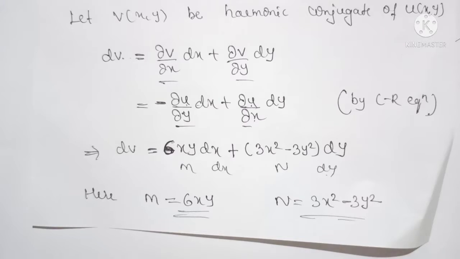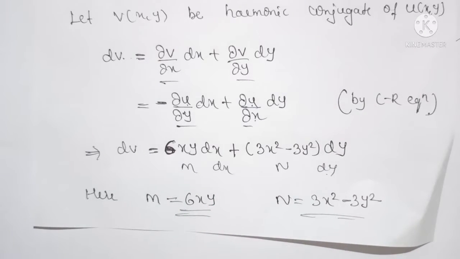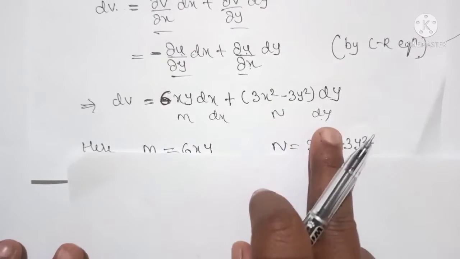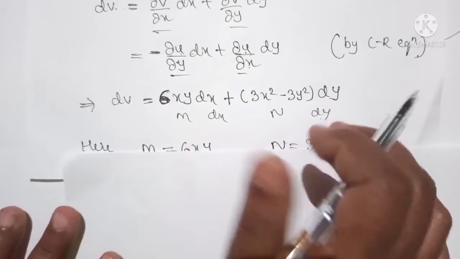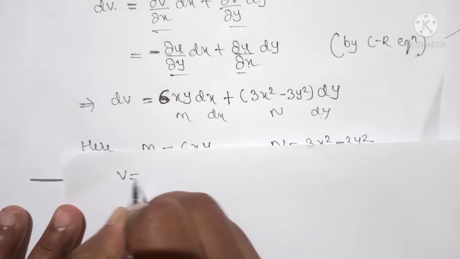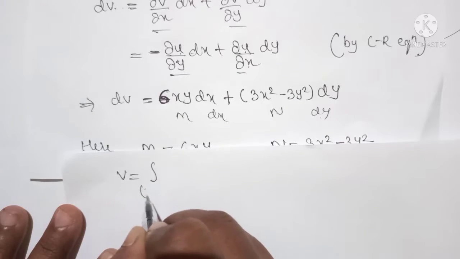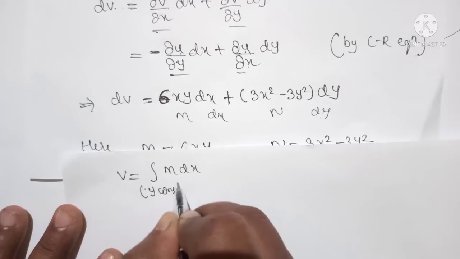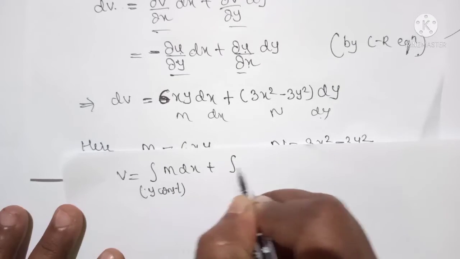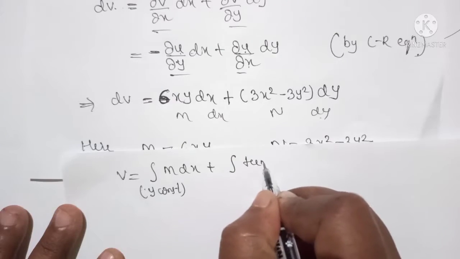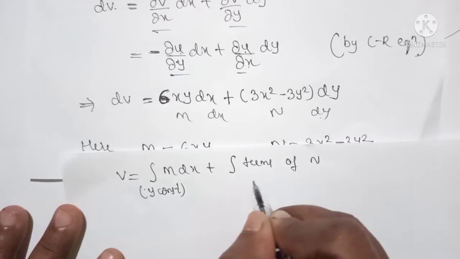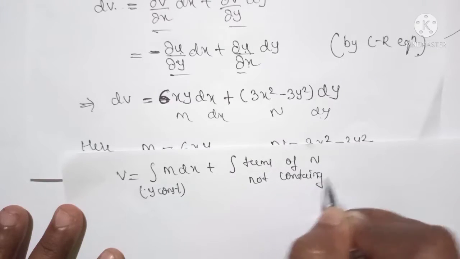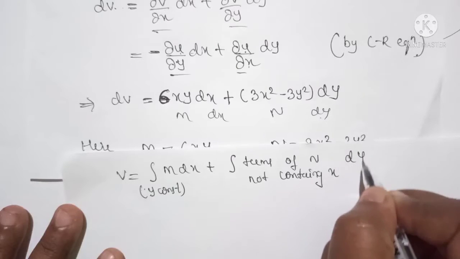Now the solution of this equation, M dx plus N dy, is given by v is equal to integration of M dx treating y as constant, plus integration of terms of N not containing x, into dy.